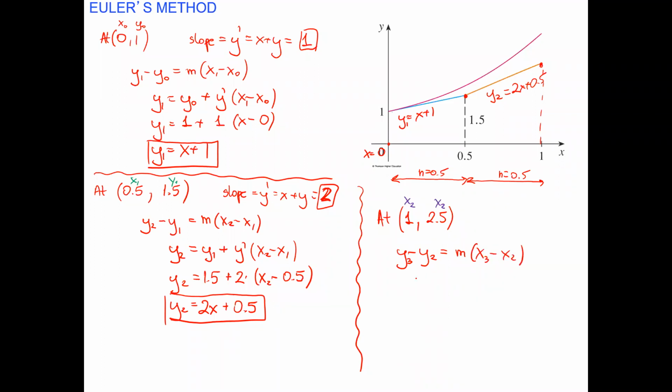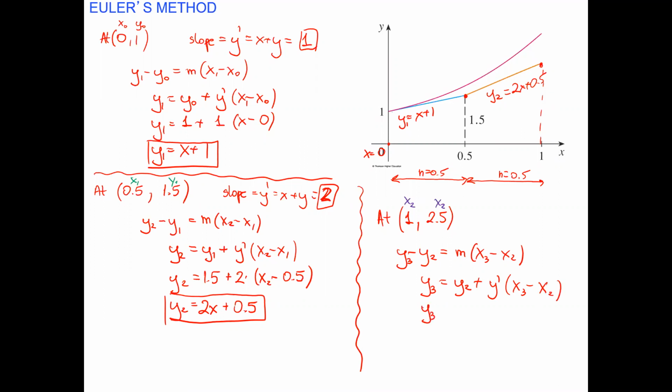Okay, that's my point-slope form. It means the third tangent line will be the y value before, plus the slope times the difference, which is actually the step size.